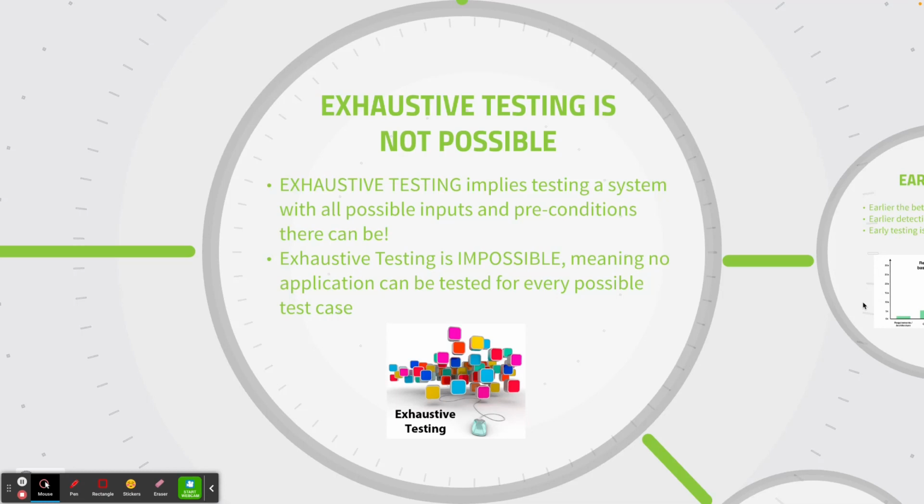It means that even if you try testing with all the possible inputs that there can be, it doesn't mean that the application can be tested 100% or for each and every possible test case, right? This is principle number one in software testing, that is exhaustive testing is impossible. You cannot test an application with every possible test case there can be on the planet, right?